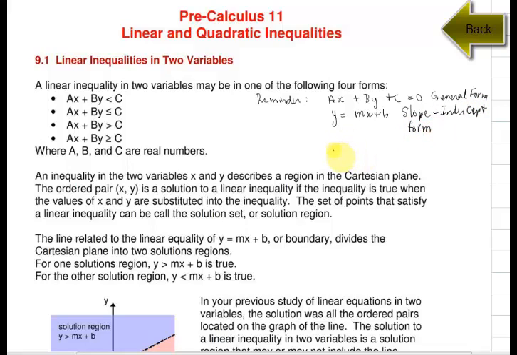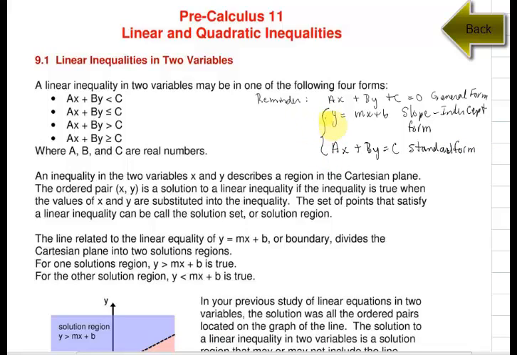And I don't think you covered this last year, but if you have an equation in the form of ax plus by equals c, this is called standard form. And we'll be looking at these two.